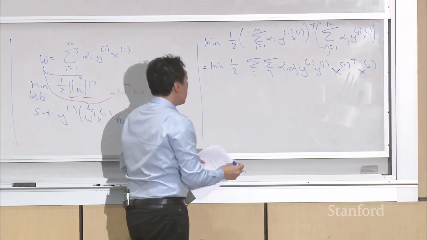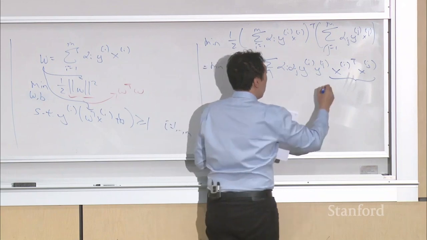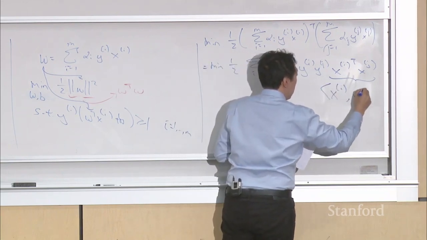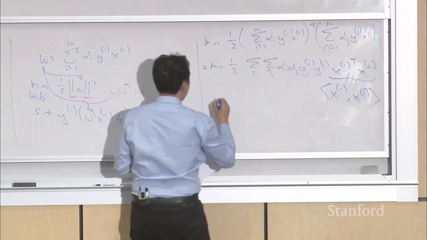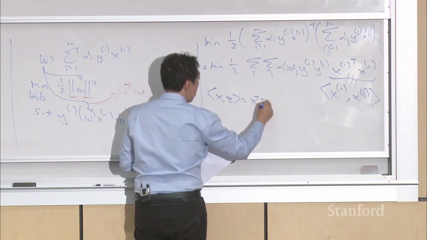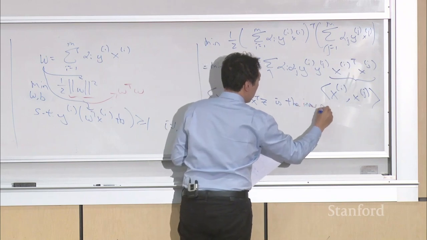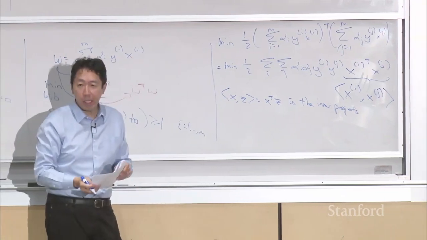So this is an inner product between xi and xj, and I'm just going to write it as this, right? This notation, x comma z equals x transpose z, is the inner product between two vectors.